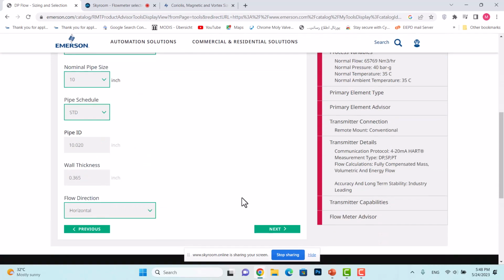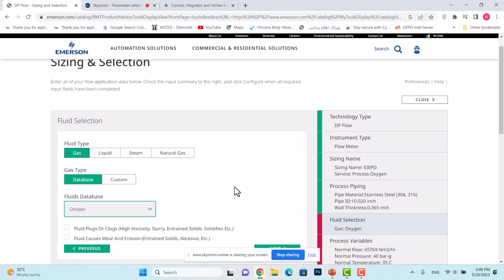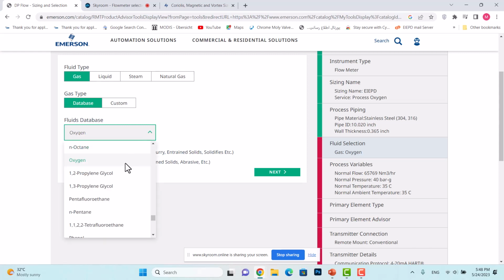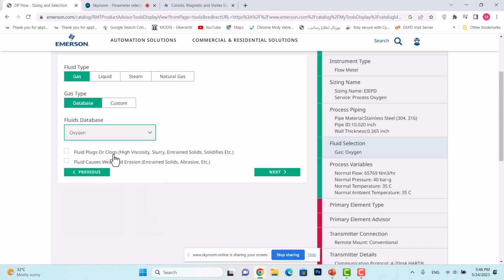Then we select next, and we select fluid type gas. Gas type, we select database. Fluid database, we select oxygen, and don't change anything here. Because oxygen is really abrasive, it can cause corrosion in the future.